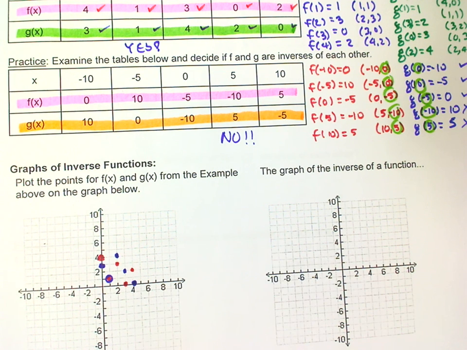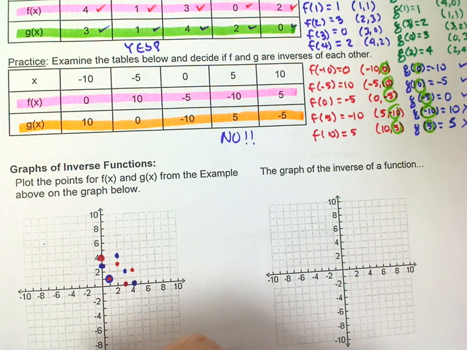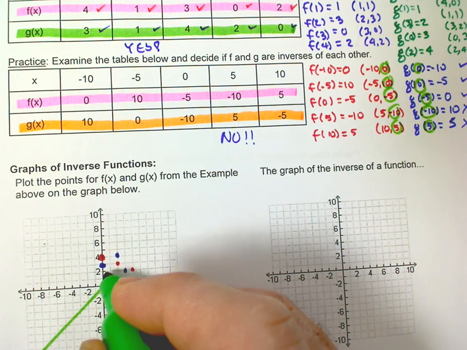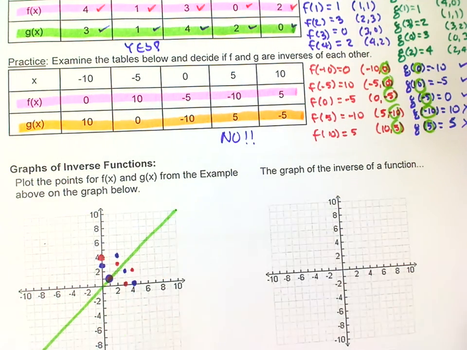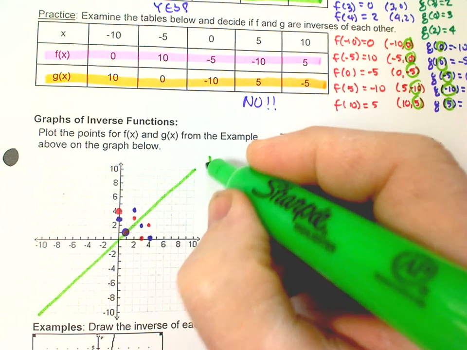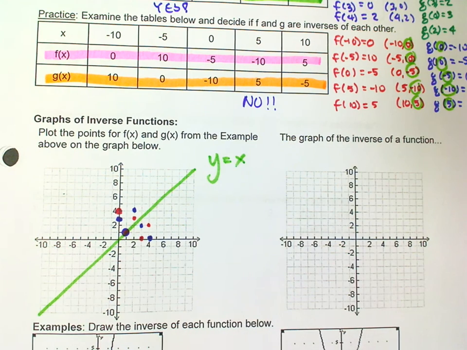Okay. So what happens here when we compare a graph? What we can do is graph the line that goes through 0, 0, 1, 1, 2, 2, negative 1, negative 1. That's the line y equals x. What happens is, if these are indeed going to be inverses of each other, then they should be a perfect reflection across the line y equals x.